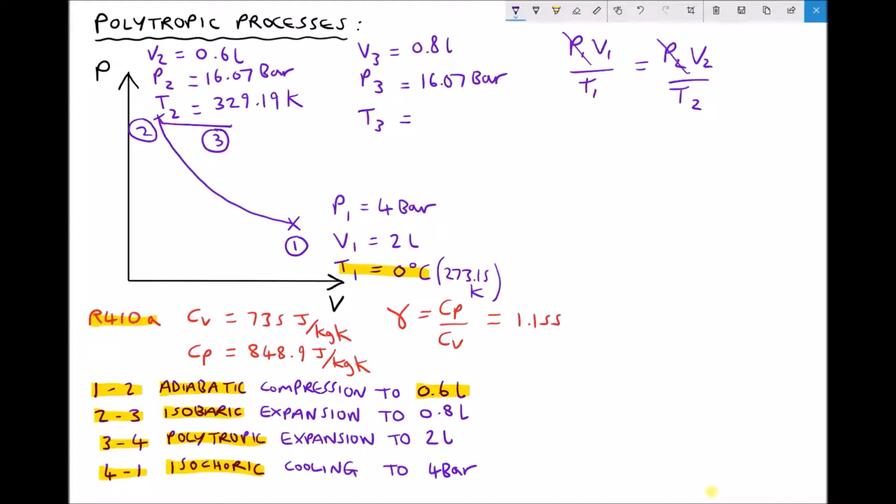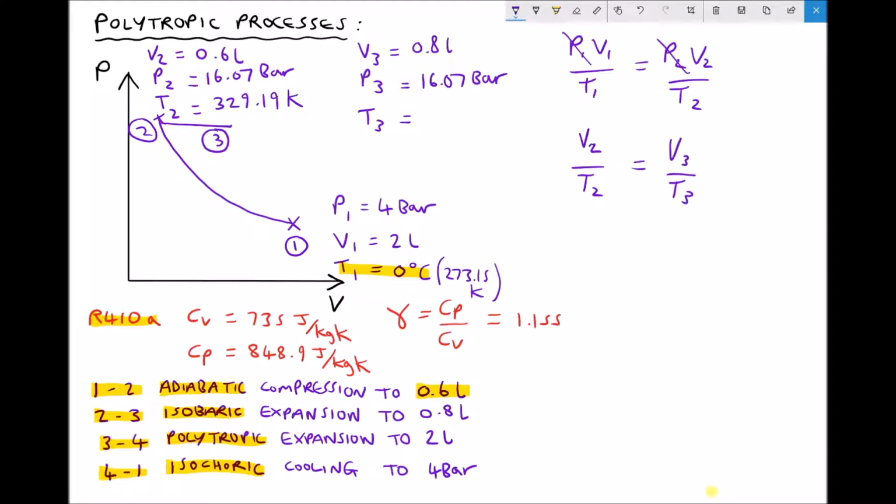Now I'm going to make one more slight adaptation to that because we're moving from position 2 to position 3, not position 1 to position 2. So instead, I'm going to write that as V2 over T2 equals V3 over T3. It makes no difference. We're just moving from the start of the process to the end of the process.